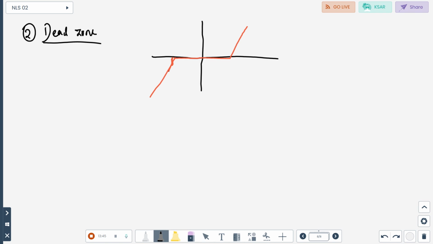This type of response you have seen in a number of nonlinear devices, for example diodes and SCRs. There are intervals where the output will not vary with respect to input, and only after some input value does the output change with respect to the input.